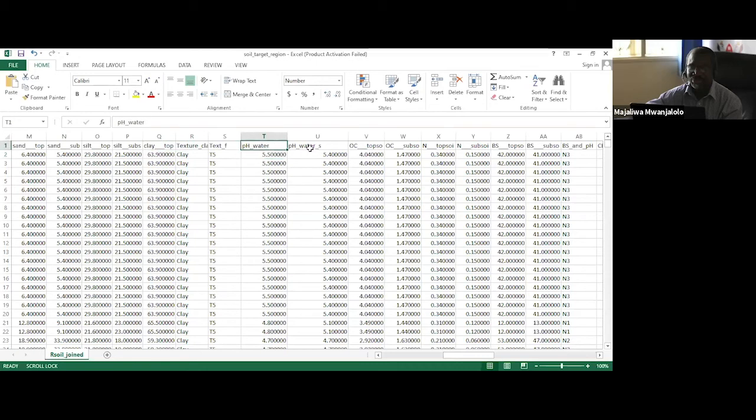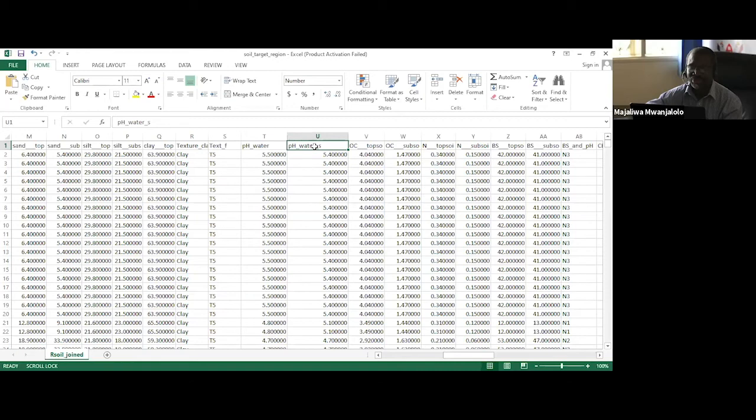and then you have another pH. You see pH water and pH water S. The pH water S is for the subsoil. And then you have pH water, which should have been pH water T, for the topsoil.